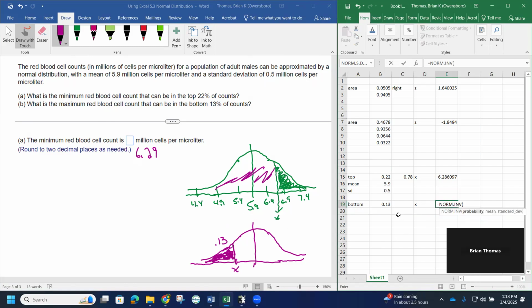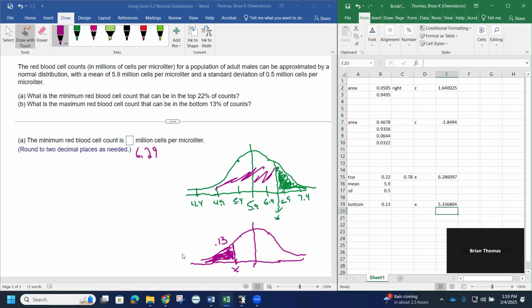The probability is 0.13, the mean is 5.9, and the standard deviation is 0.5. If I click on those fields, it'll type those in for me. I don't have to even type. Keep learning in Excel what you can and can't do here. So if I hit enter, that gives me my x value, my maximum.